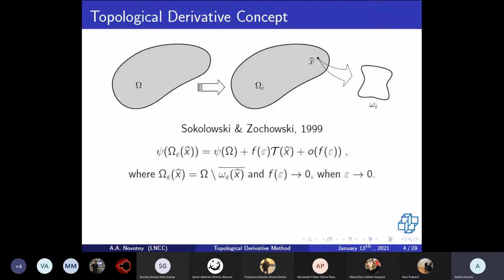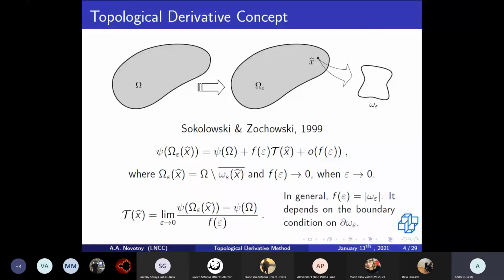Here, the notation is the following: omega epsilon of x hat is omega minus the small hole, small omega epsilon x hat, the closure, and f epsilon is a function that goes to 0 when epsilon goes to 0.